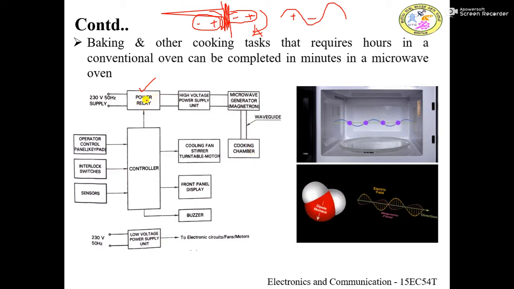Basically, this power relay unit consists of three subunits. First one is the power transformer. As the microwave generator needs a high voltage supply, the power transformer is used to generate the high voltage needed for the magnetron.